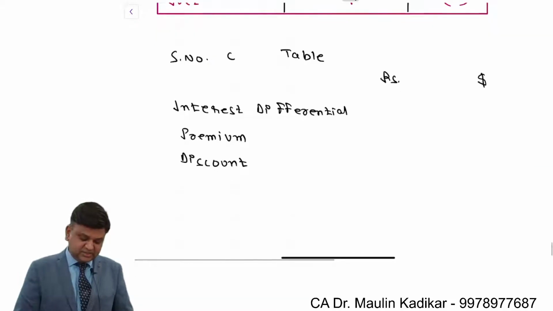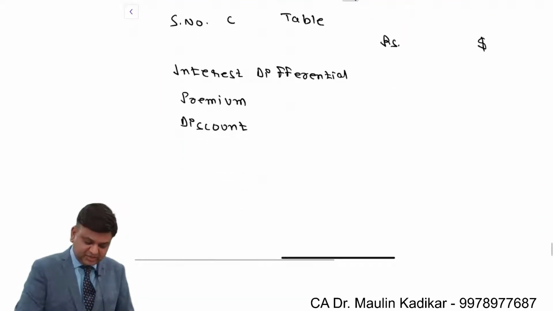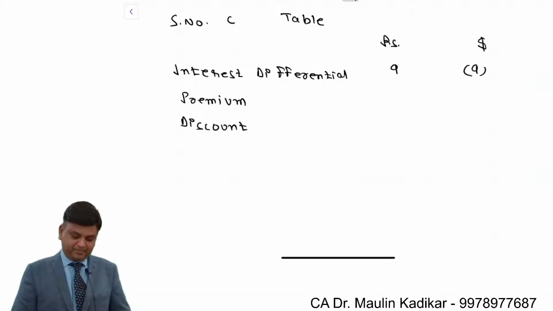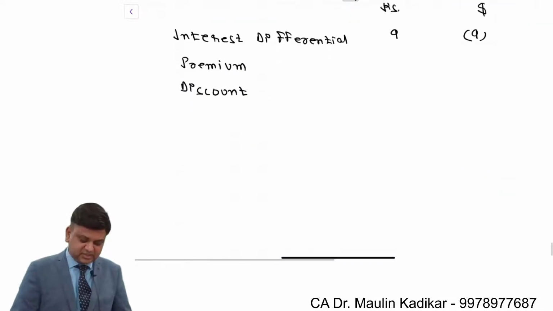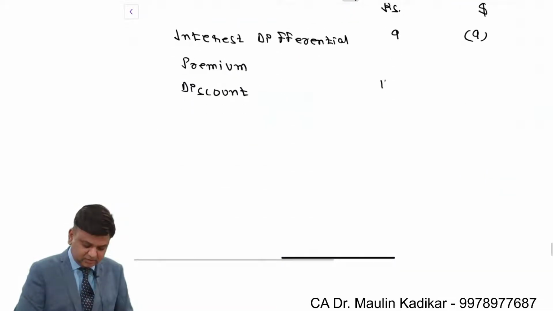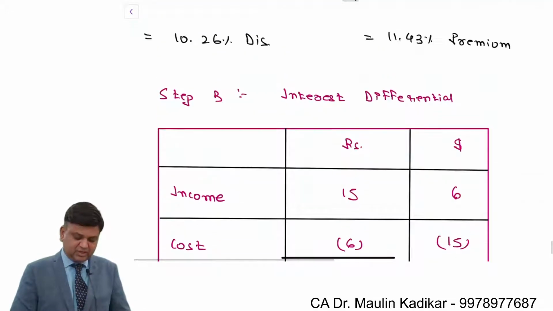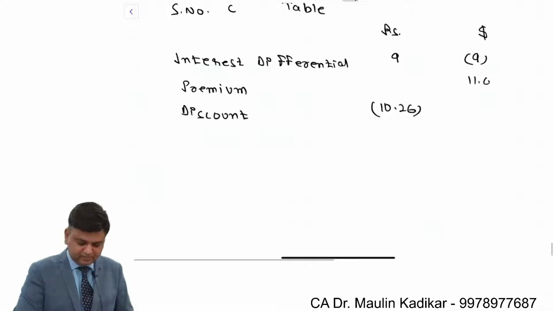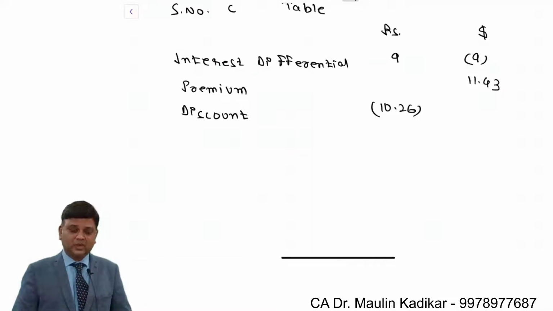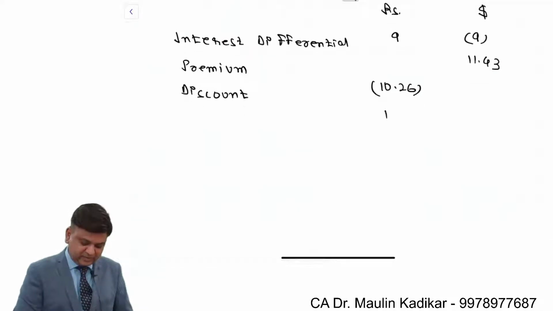As far as rupee currency is concerned, the interest differential is 9 positive and over here it is 9 negative. As far as rupee currency is concerned, it is a discount of 10.26, and for dollar currency there is a premium of 11.43 percentage. So it is negative 1.26 and over here it is positive 2.43.